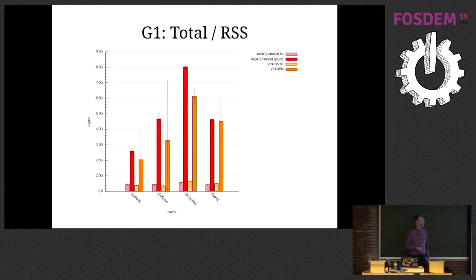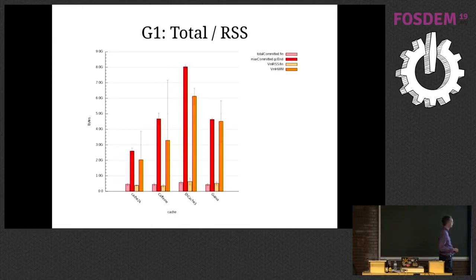And what is interesting now is that the actual used memory by the operating system differs a lot between the caching implementations, and also between what the operating system is reporting as the high watermark level and the resident set size at the end of the run after the forced garbage collection.